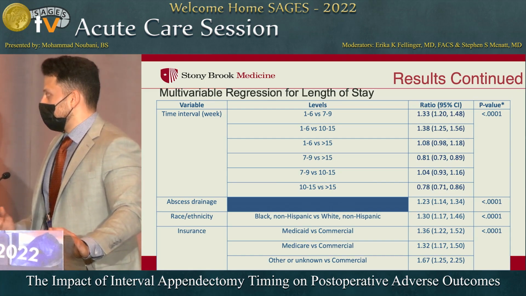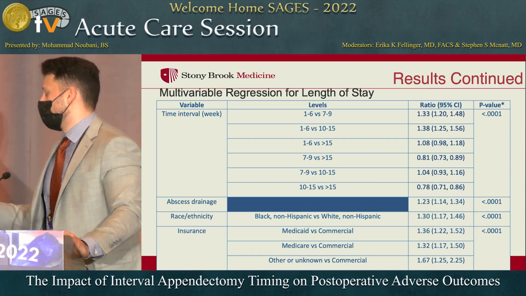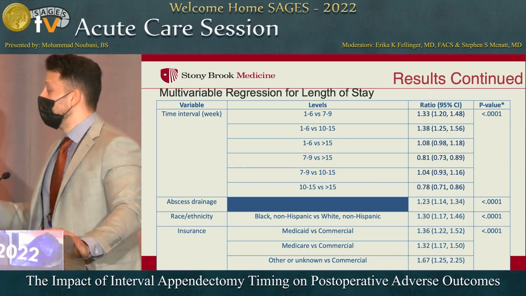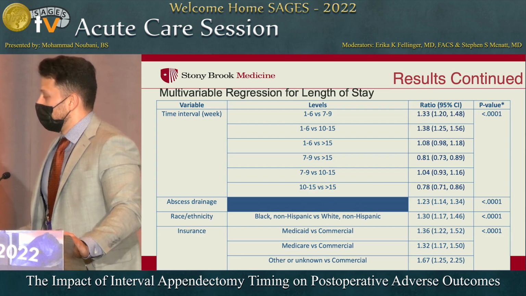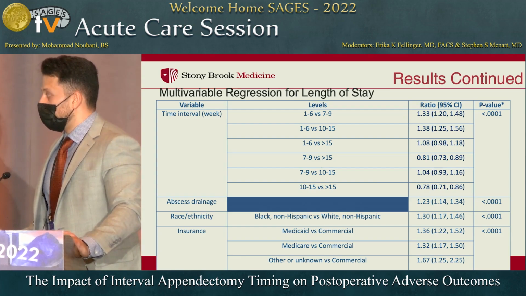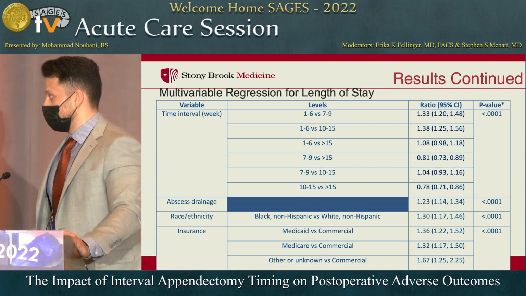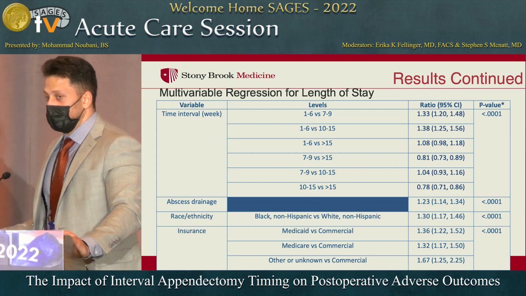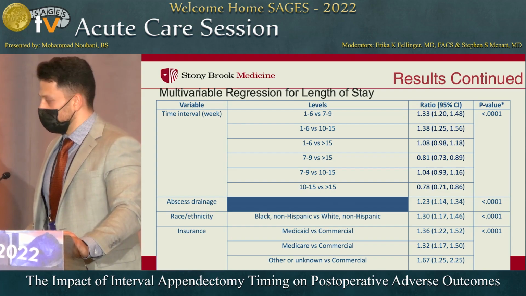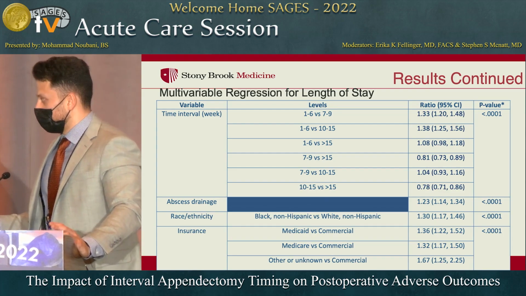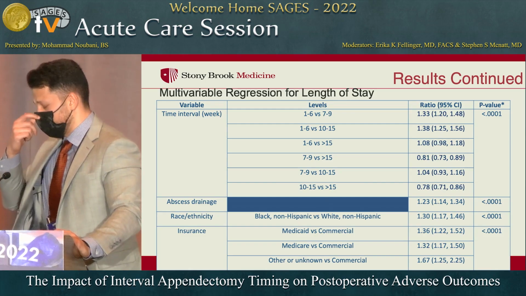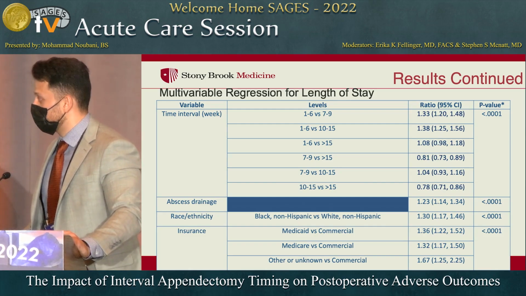And after holding all variables constant, only the Black non-Hispanic patients are the ethnic group that had a longer length of stay. For insurance, all patients with non-commercial insurance, including Medicaid, Medicare, and those who are uninsured or self-pay, described as other, had a significantly longer length of stay.